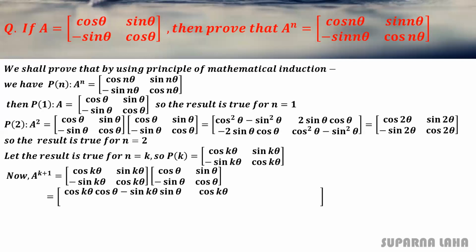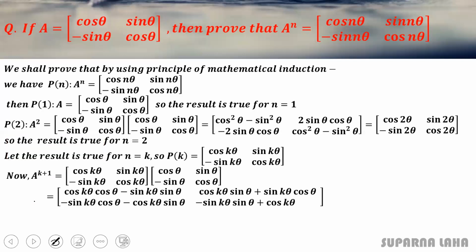Just cos k theta into cos theta minus sin k theta into sin theta. Like that, write down the values. Ultimately, simplifying it, you can apply the formulas for cos(a plus b) and sin(a plus b). In these 4 elements, you will find cos (k plus 1) theta, sin (k plus 1) theta, minus sin (k plus 1) theta, and cos (k plus 1) theta.